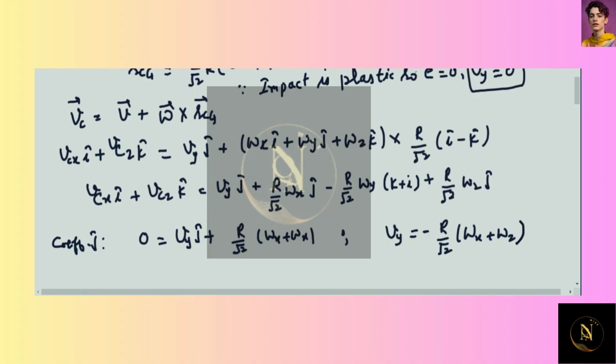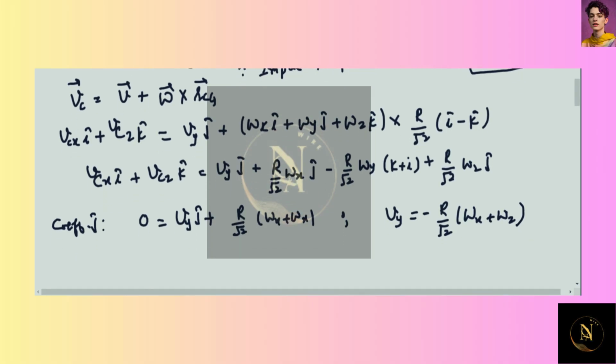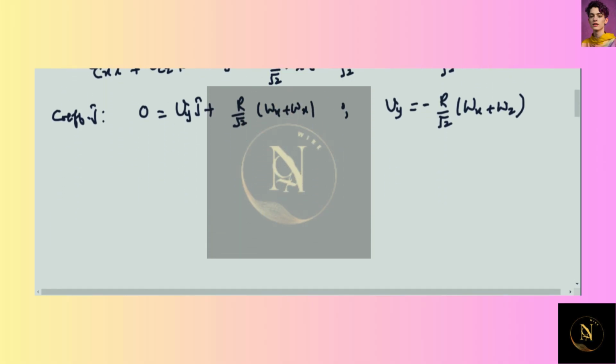Now finding moment of momentum about G: 0 plus rCG cross C delta t j cap equals HGx i cap, HGy j cap, HGz k cap.